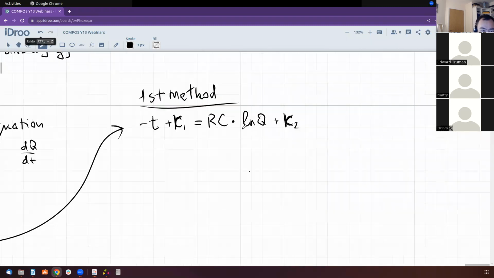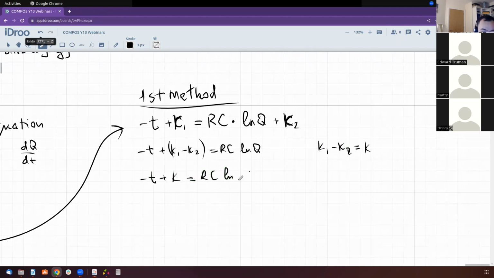But we can put k2 to the left-hand side: minus t plus k1 minus k2 equals RC ln q. And k1 minus k2, let it be just k, because these are arbitrary constants. So minus t plus k equals RC ln q.